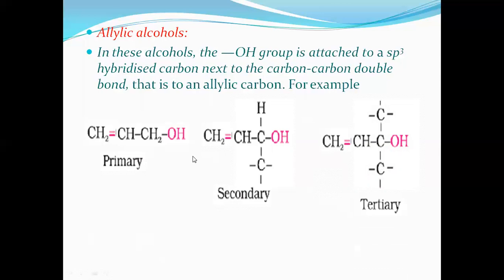Remember, allylic alcohols are further classified into primary, secondary, tertiary based on which carbon atom the OH group is attached to. The OH group must be attached to the sp3 carbon, and that sp3 carbon must be attached to the doubly bonded carbon atom.